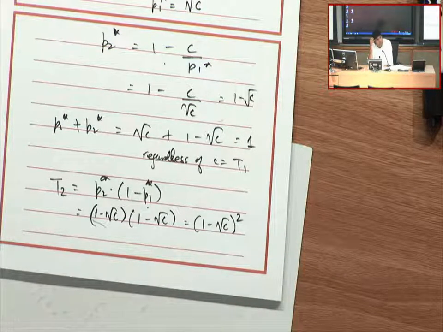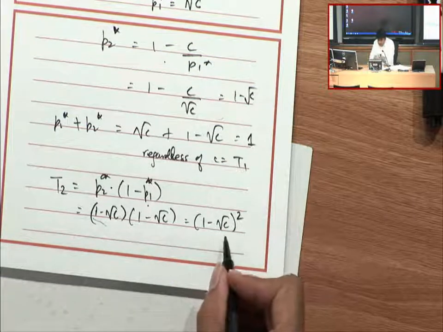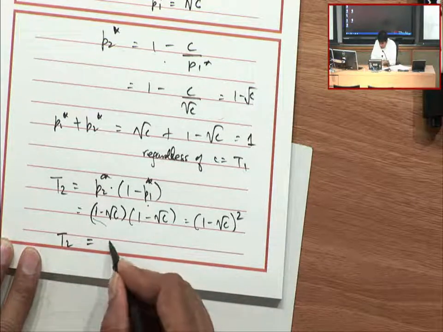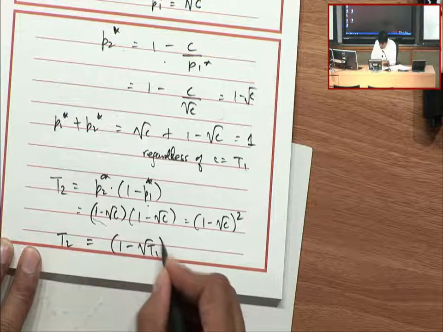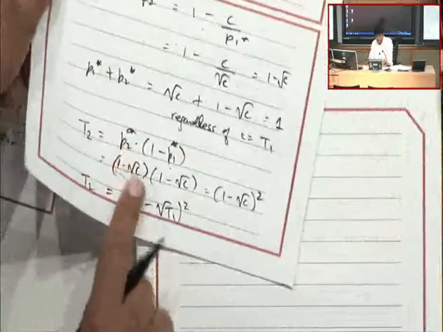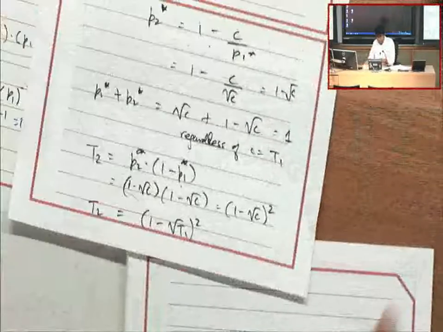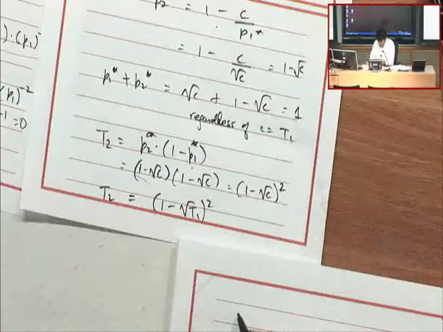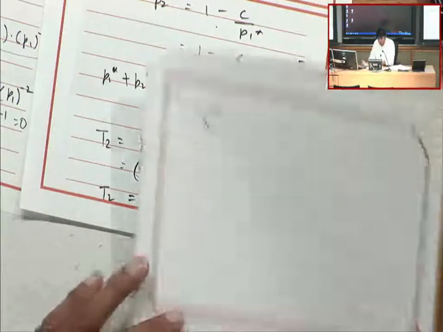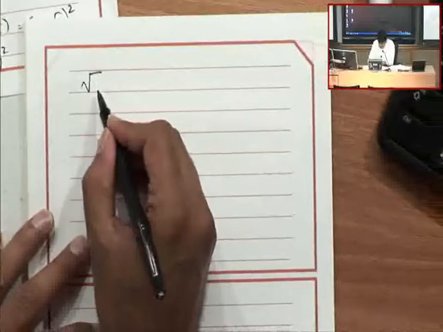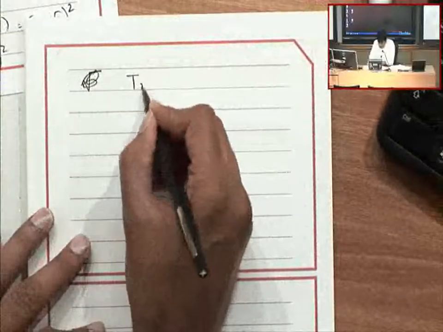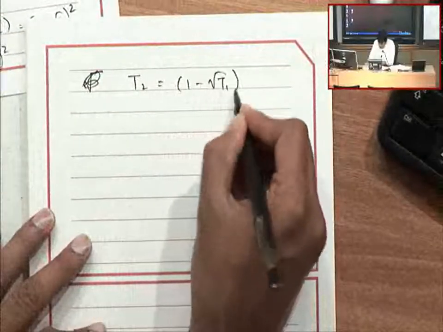And so this is T2. Okay. Well, what is c? c is just T1. So T2 equals 1 minus square root of T1, whole squared.